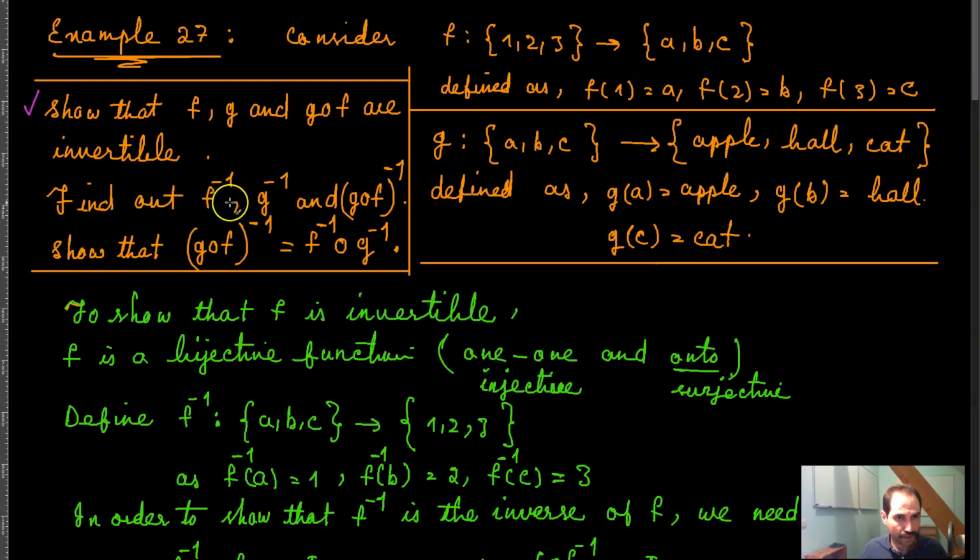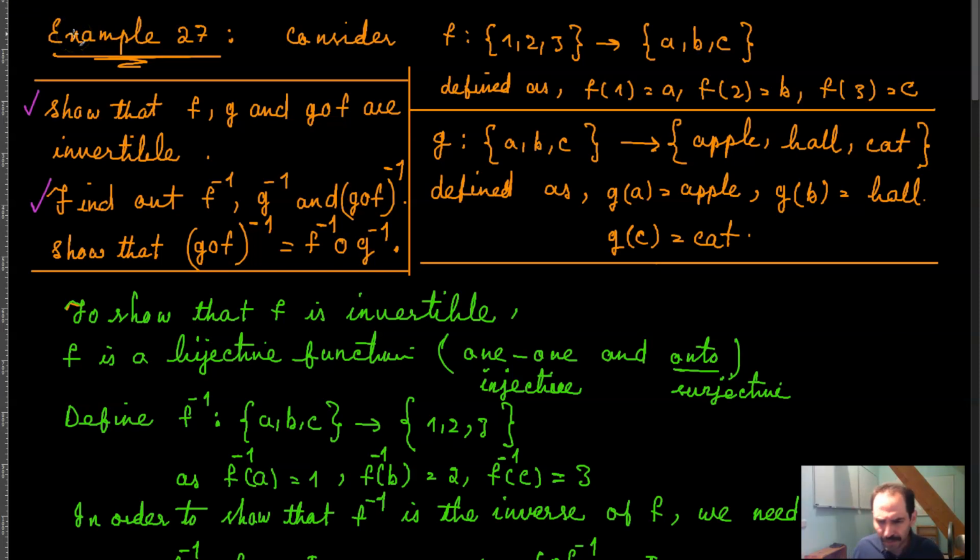And we wanted to find f inverse, g inverse, and (g∘f) inverse, which we already did. So we found these three in the same process. Now we want to show that (g∘f) inverse is equal to f inverse composed with g inverse, which is something important that leads us to a theorem after this exercise. So that's what we need to show as well.